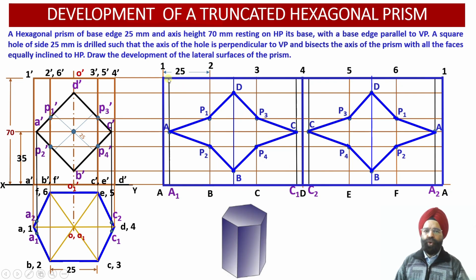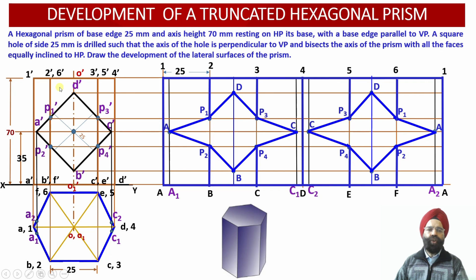Now once we have joined the boundary of this developed surface, we can also check that the vertical edges 2B, 3C, 5E and 6F have been intersected by the square hole. So these are the remainder portions of the vertical edges 2B, 3C, 5E and 6F.